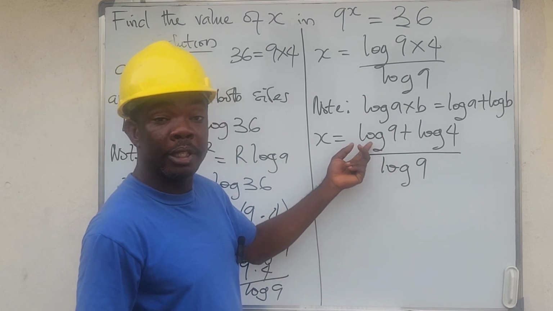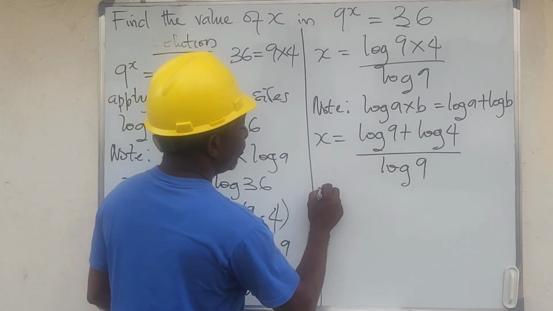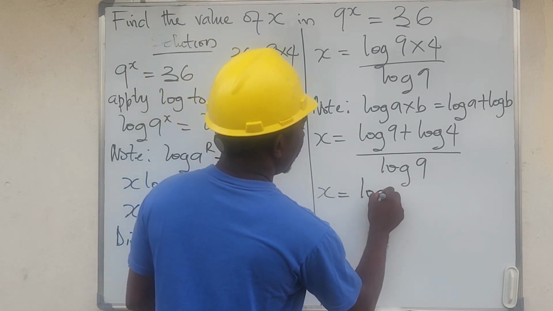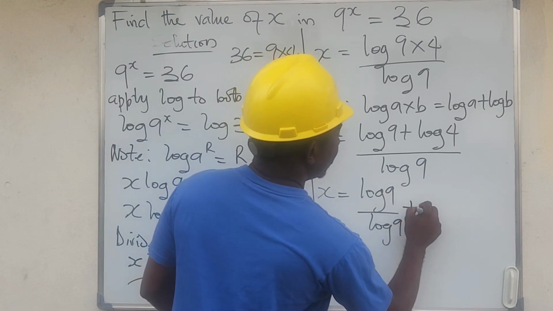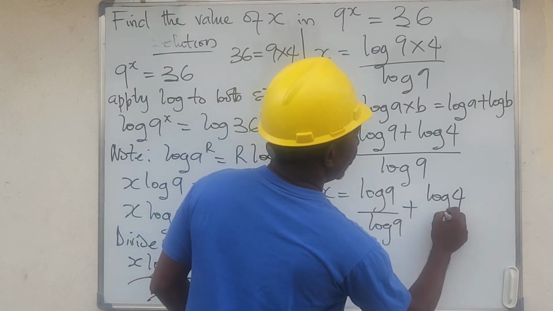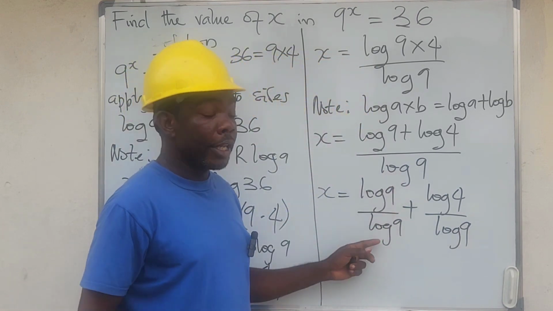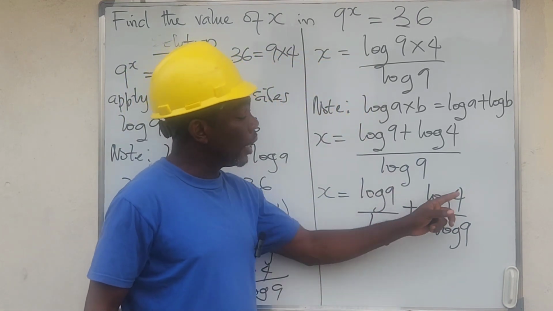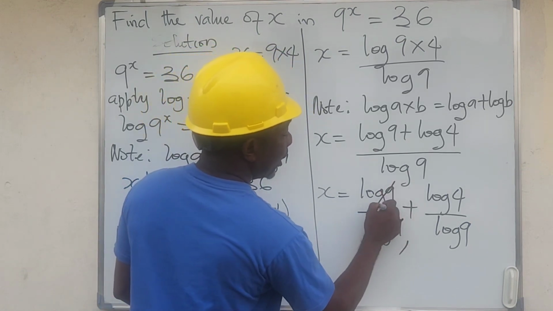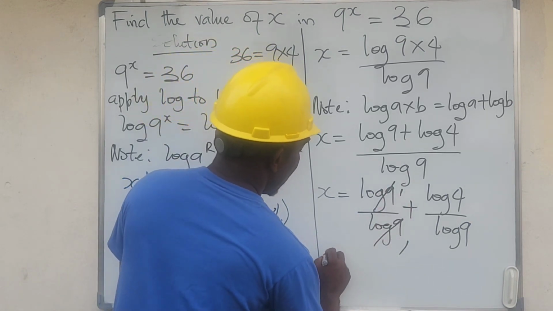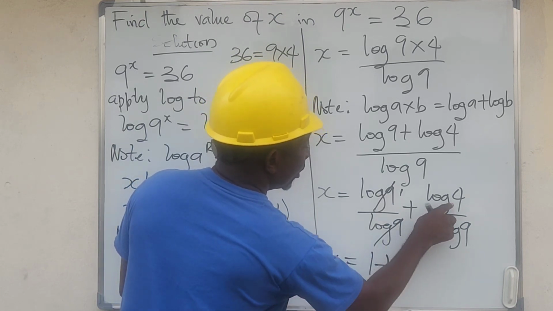This can be split into log 9 over log 9 plus log 4 over log 9. So log 9 will cancel with log 9 and become 1. So our x will be equal to 1 plus log 4 over log 9.